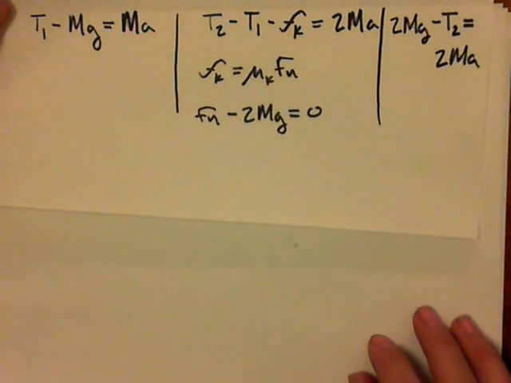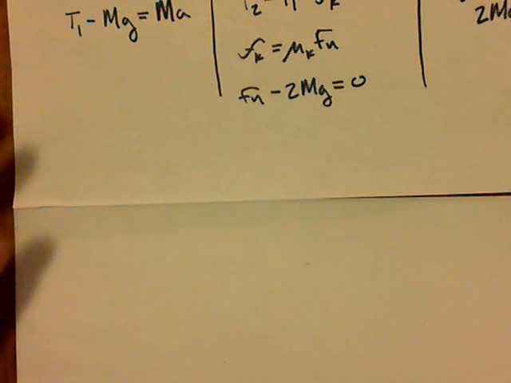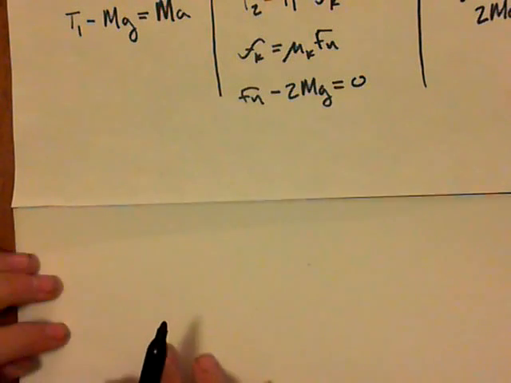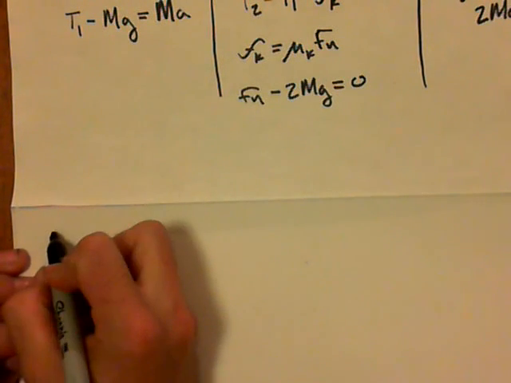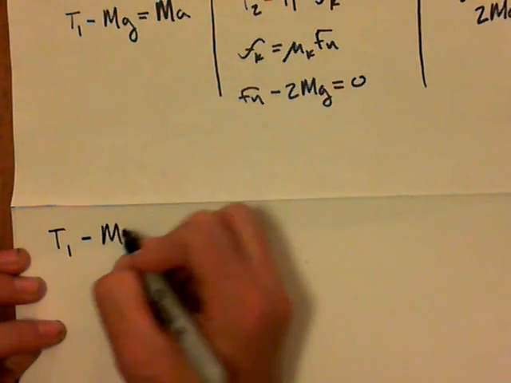Up, so we got those. We can get rid of those in a second, so here, let me just copy those onto this sheet. And I'll change them around here in a second.